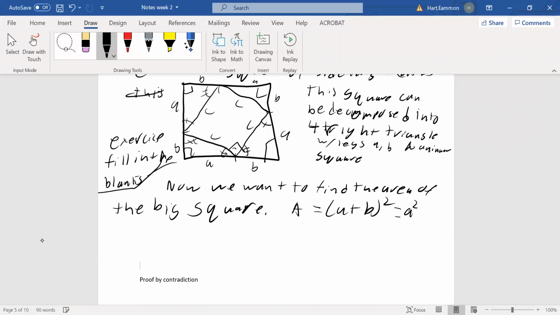So that's going to be a squared plus 2ab plus b squared. But the area is also equal to the sum of areas of constituent parts.